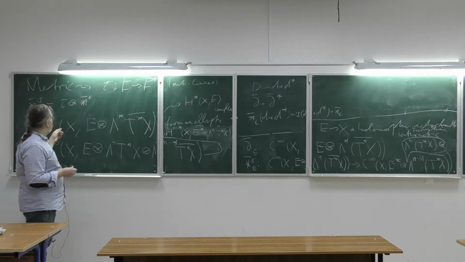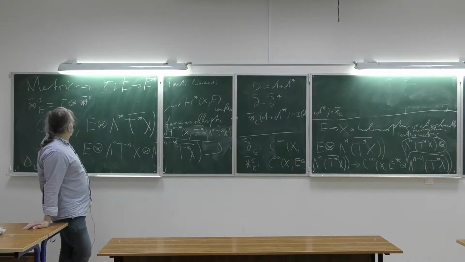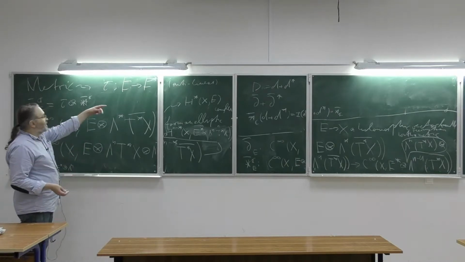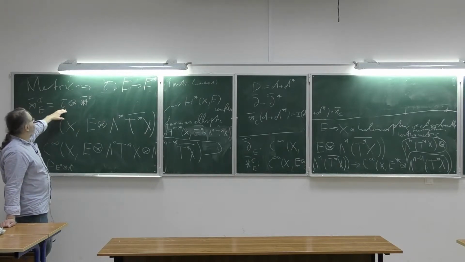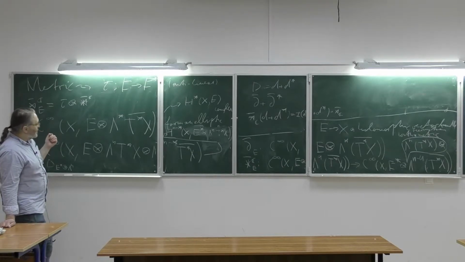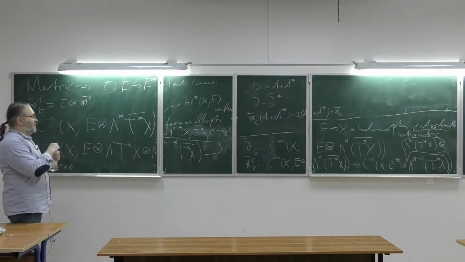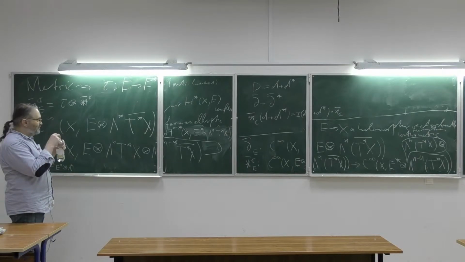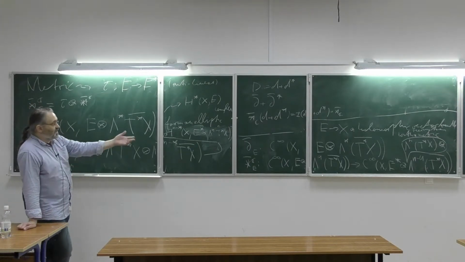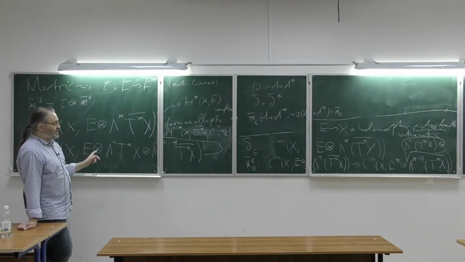and, well, if we apply the map twice, using, actually, the fact that the map is an isomorphism can be checked fiber-wise.